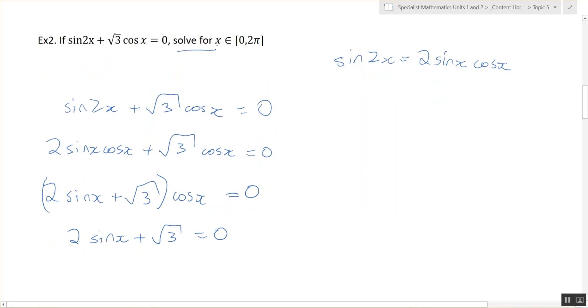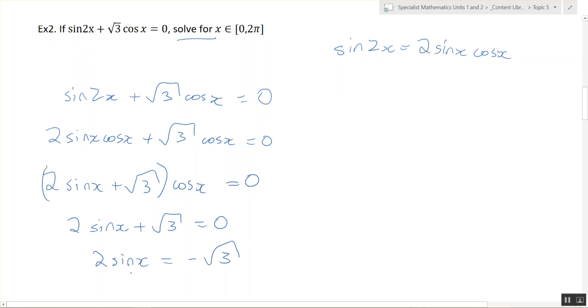Now the question is asking us to solve for x, so we're just going to rearrange to get x by itself. So bring square root 3 over this side, we minus square root 3 on both sides, and then we divide by 2. Okay, so again, we've got it like this. We want to this time solve for the angle.